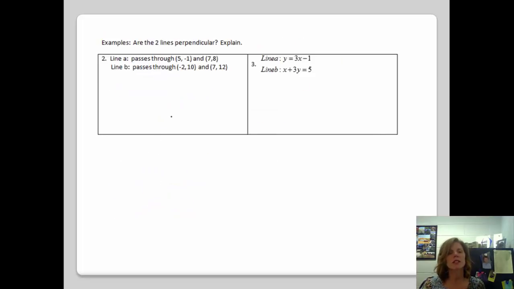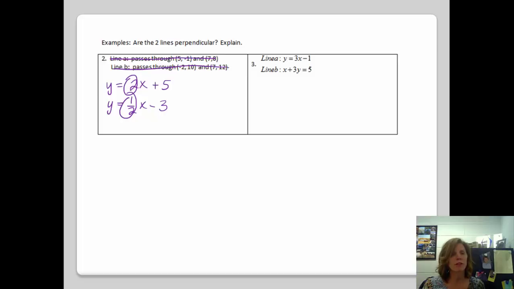Okay, the next examples ask: are the two lines perpendicular? Explain. Again, I'm going to get rid of the ones that are there, and let's say I have y equals 2x plus 5, and y equals 1/2 x minus 3. If I would like to decide if they're perpendicular or not, I'm strictly just looking at the slopes.